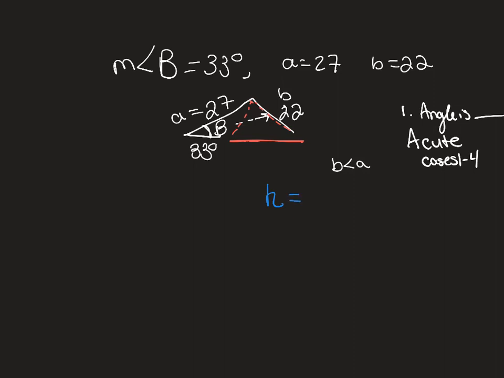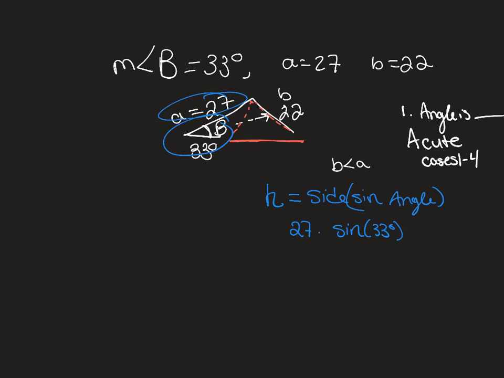Height is always going to be side, sine, angle. Side, sine, your angle. So in my case, it's going to be 27 times sine of 33 degrees. You can either make sure you put that degree symbol in or change your calculator to degrees. Either way will work.